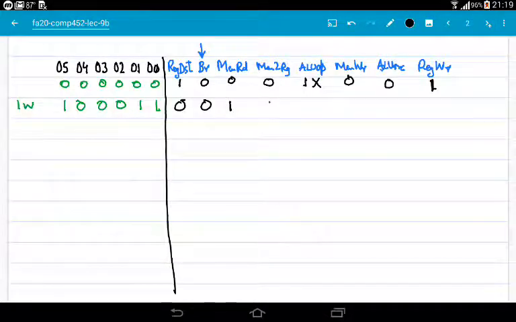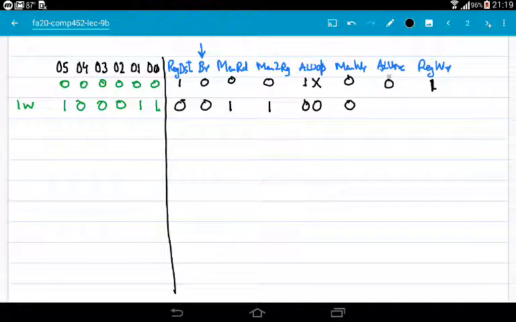Now what about ALU op? ALU op must be 00 because we want the main ALU to perform addition operation. Okay, mem write must be 0 because we are not writing to memory.